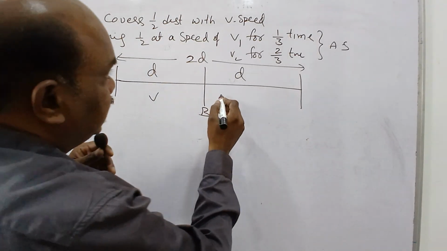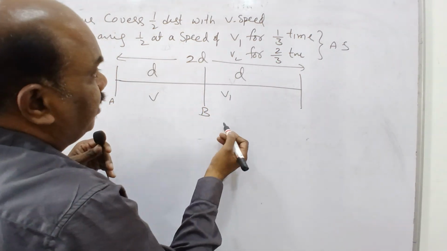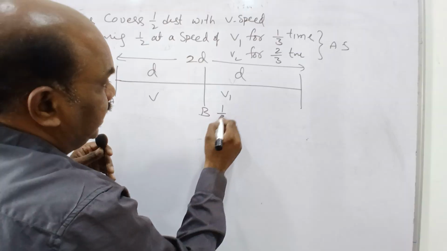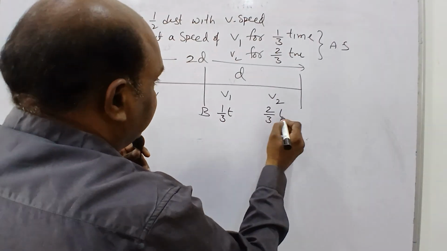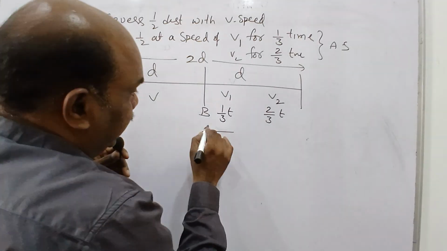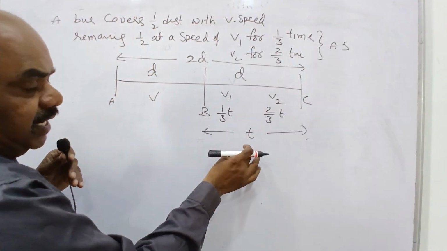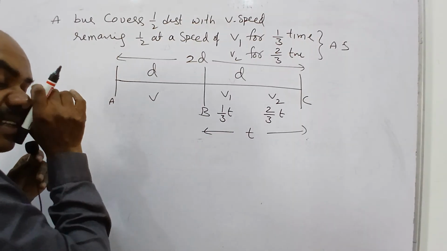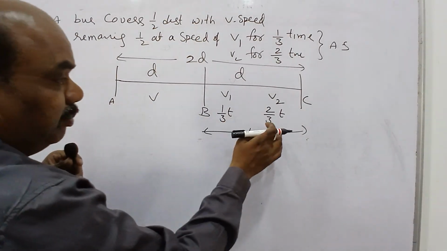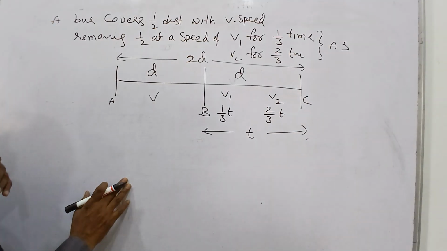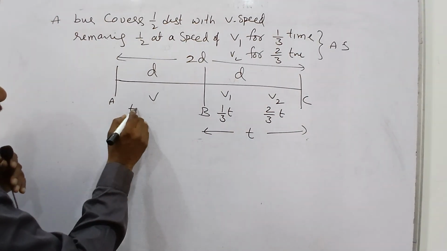Next half distance, speed v1 for 1/3 time, 1 by 3 t. v2 speed with 2/3 time, 2 by 3 t. That means total time from B to C is t, because if you add these two, 1 by 3 plus 2 by 3, bases are same, numerators add, 3 by 3, 1, 1 by 3 t plus 2 by 3 t is t only. Here to here the total time is t. Here to here let the time taken be t1.